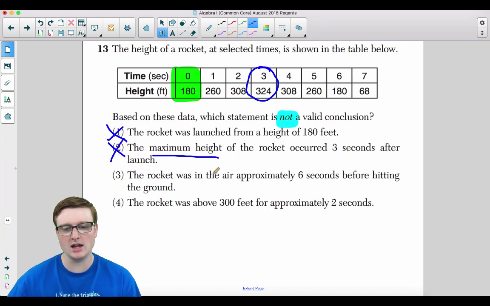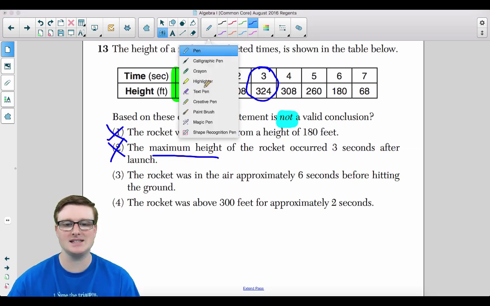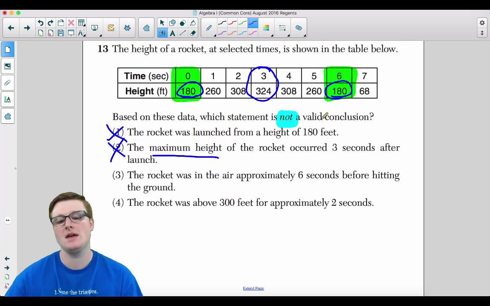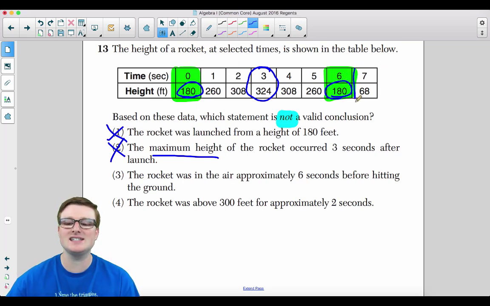Choice 3, the rocket was in the air approximately 6 seconds before hitting the ground. Well, at 6 seconds, it's at 180 feet, which matches this original point. But then, if you look at the 7th second, it's going down to 68 feet.